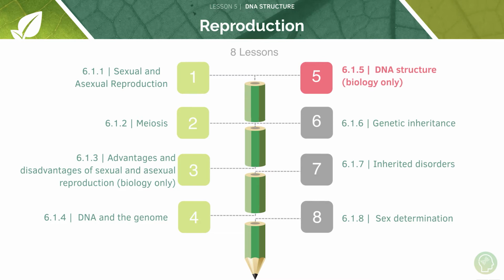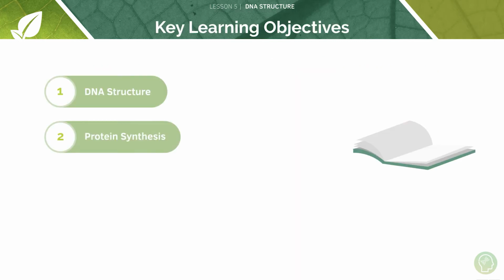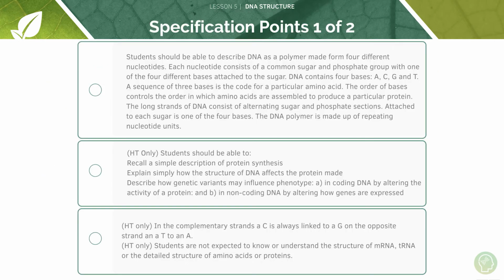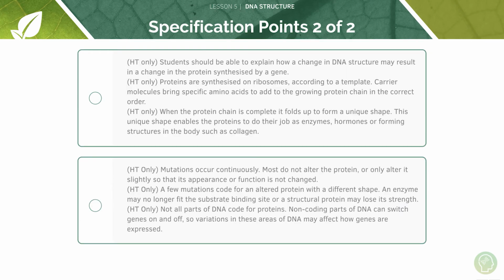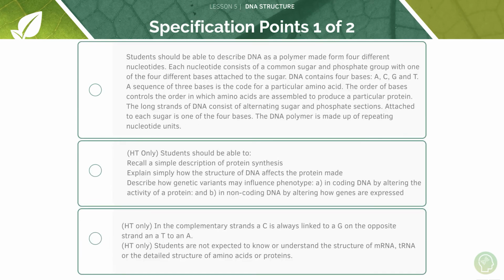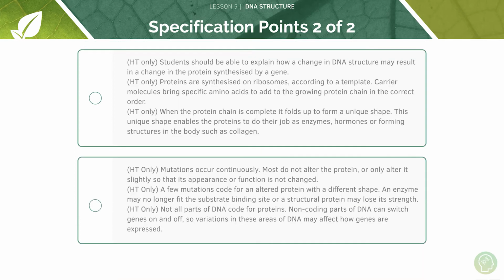And now we're going to have a look at DNA in much more detail. This is quite a chunky tutorial, as you can see by the very long list of learning objectives and also specification points. So I would really suggest you go through these specification points at the end of the tutorial and tick them off if you understand them. And if you don't, then maybe rewind to that part of the tutorial that will explain it for you.